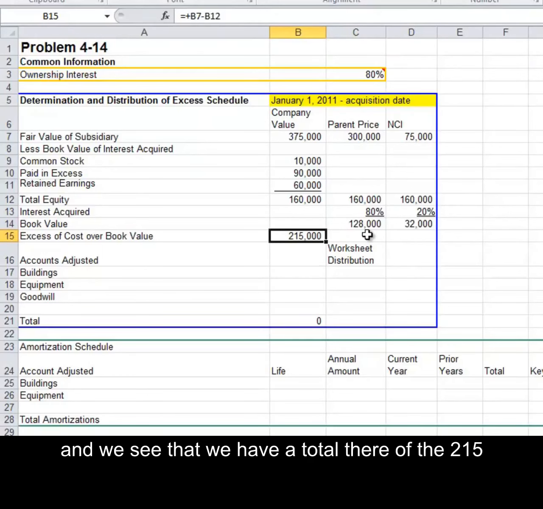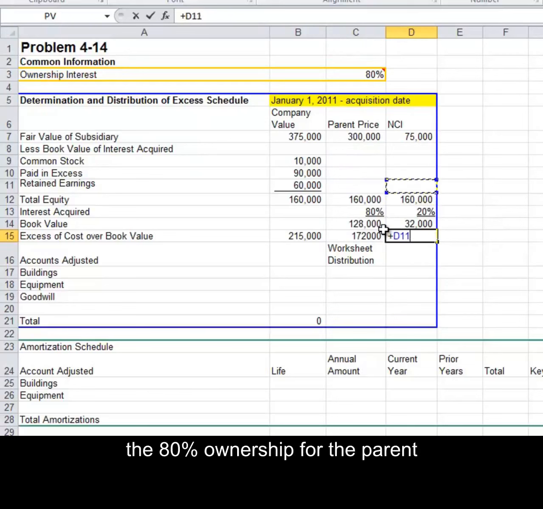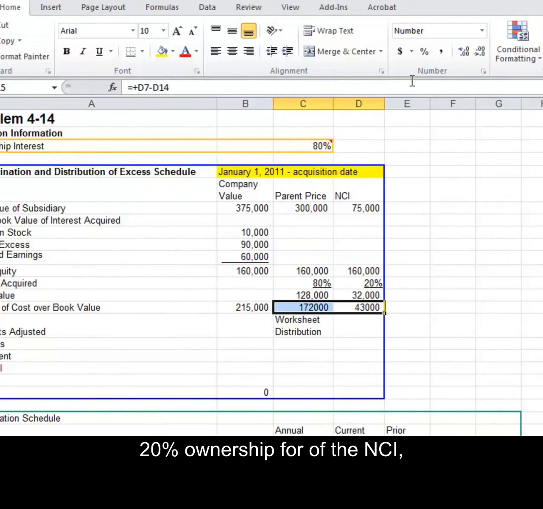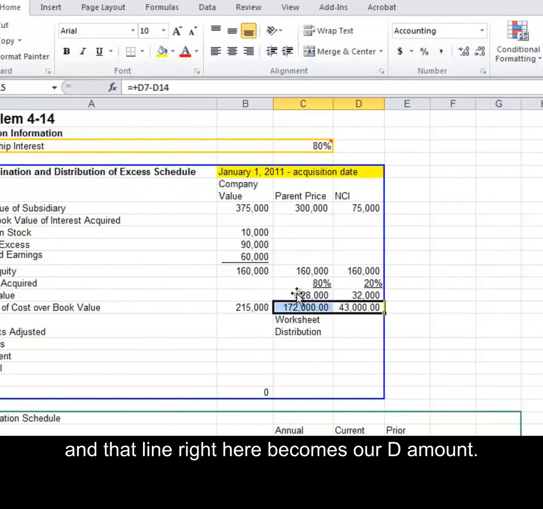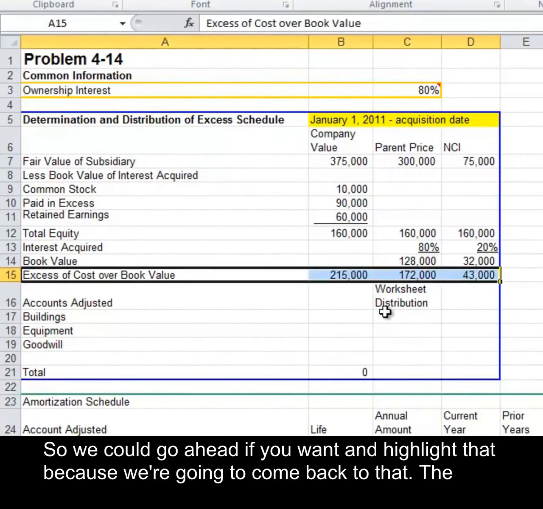We see we have a total of the 215 that is going to be distributed based on the 80% ownership for the parent, 20% ownership for the NCI, and that line right here becomes our D amount. So we could go ahead and highlight that because we're going to come back to that.